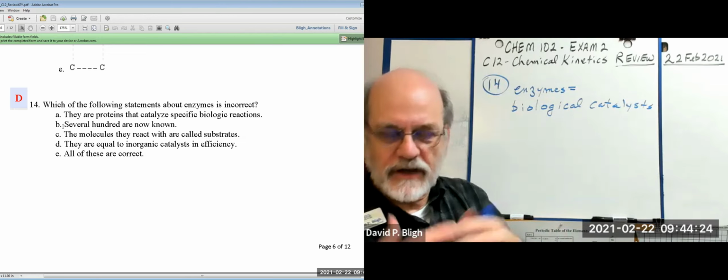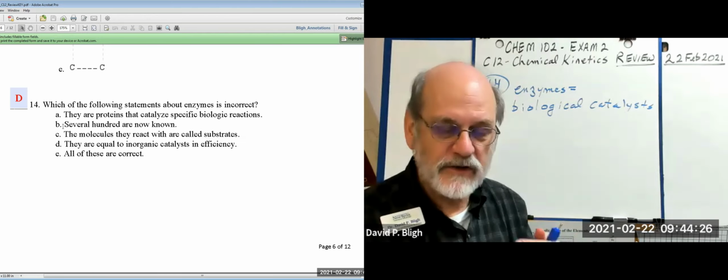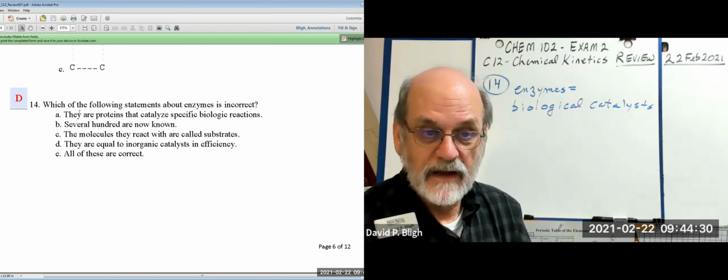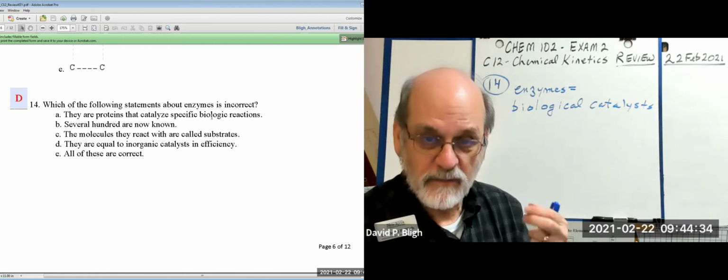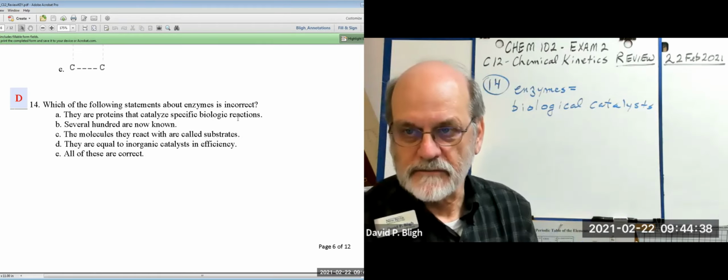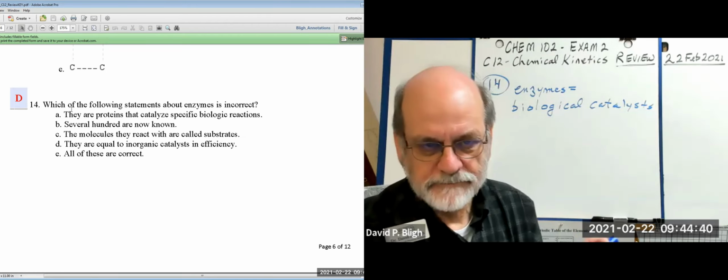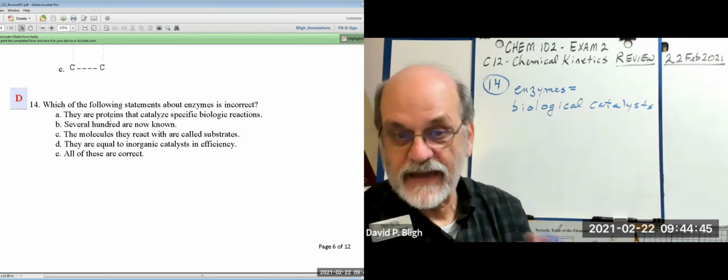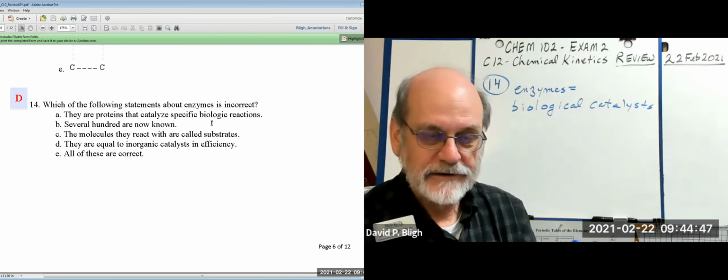Okay, so that being said, let's look at the possibilities and see which ones might be correct and incorrect. Okay, enzymes are proteins that catalyze specific biological reactions. For the most part, that's true. I mentioned exceptions to the rule, but in general, that's true. They are proteins and they catalyze biological reactions.